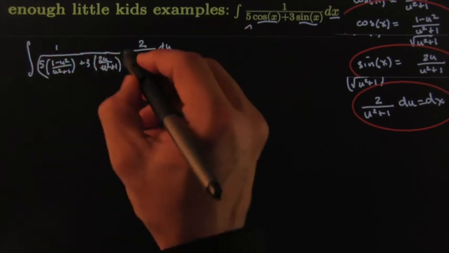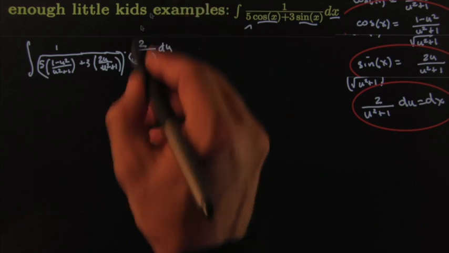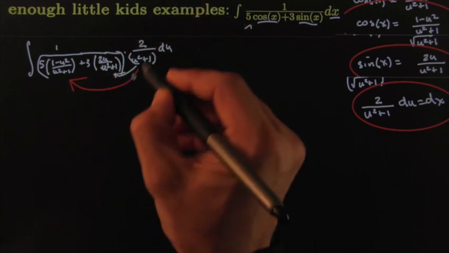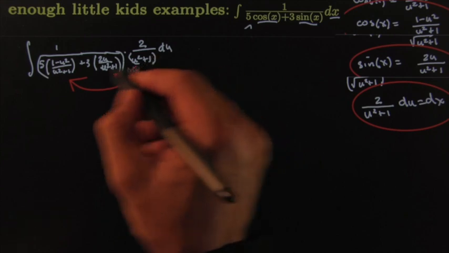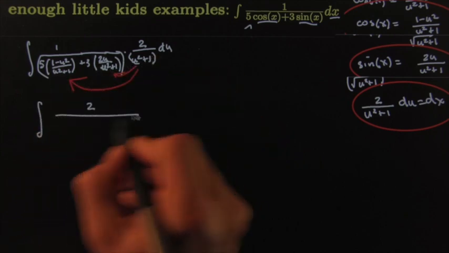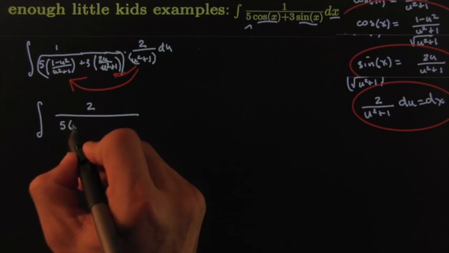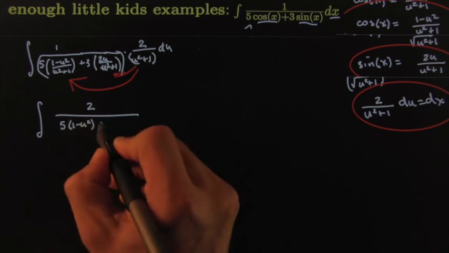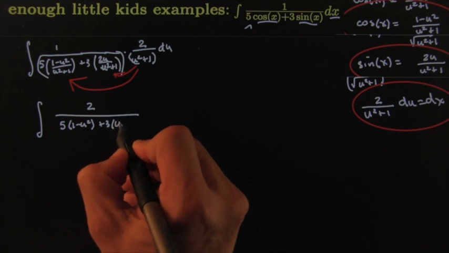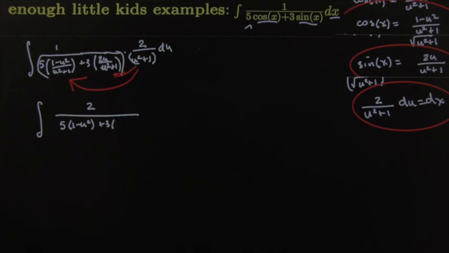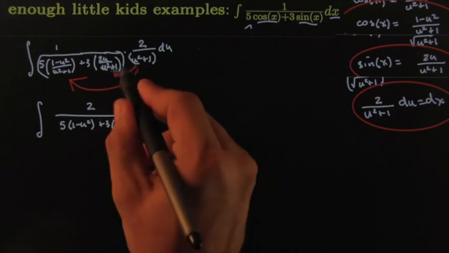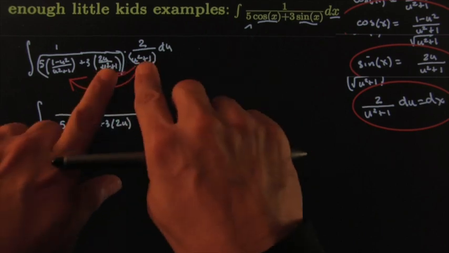This will get distributed, just to do my algebra correctly. That gets distributed in there as part of the simplification. That becomes 2 over 5 times 1 minus u squared plus 3 times 2u. Whoa. Because what happens is this cancels the denominator there.